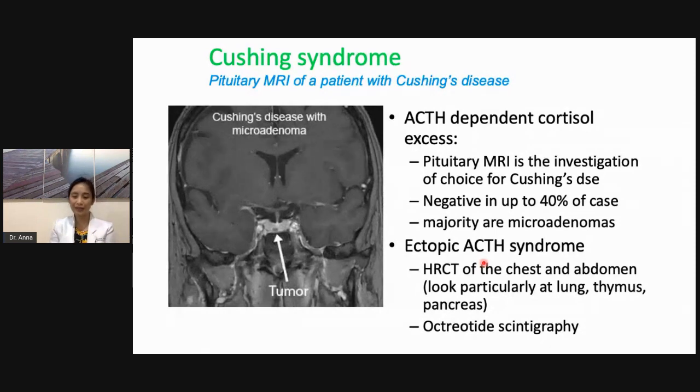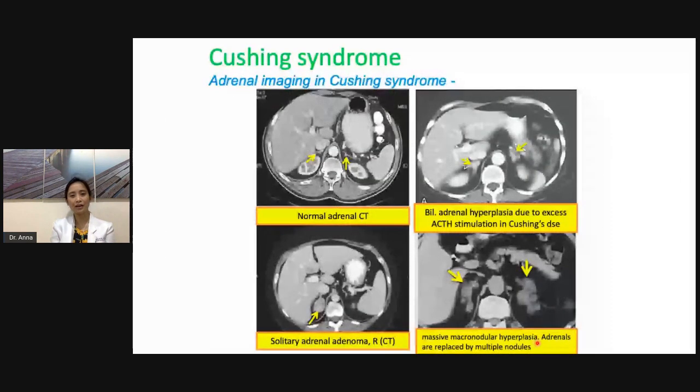If you can't locate it in your routine HRCT, we do a functional imaging, and that's your octreotide scintigraphy. You inject the patient with radioactively labeled isotopes, and then it goes to where the excess ACTH secretion is, and then you image it, and usually it lights up in your scintigraphy.